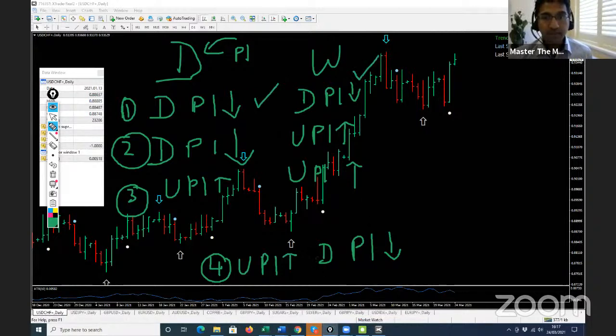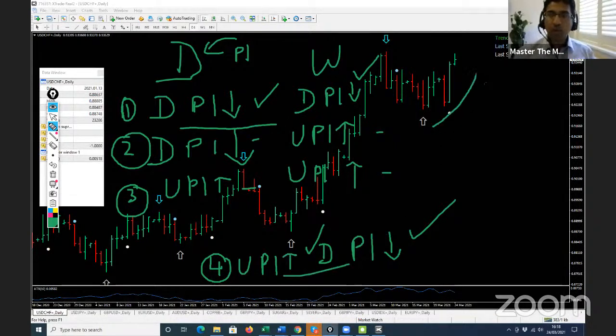It's down and down, up and up. However, number 2 and 3 are not correlating. That doesn't mean you can't take trades on them, but you've got to be cautious. And even when they're correlating, sometimes you can get stalls in the movement and it might not move as you may expect.